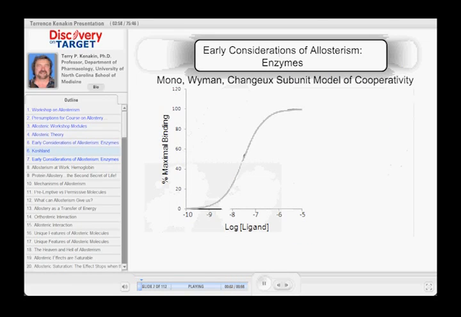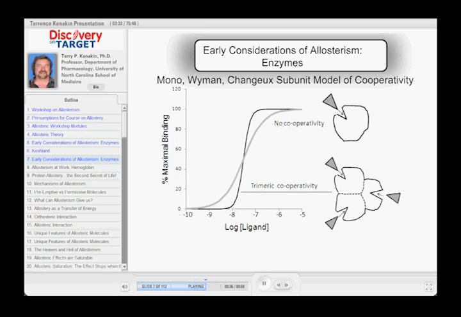What good is allosterism? Well, it gives you different binding curves that makes them steep, and it makes them responsive, different. Here we have a single site binding curve. I just made it up. If that were a trimeric protein where the binding to one unit changed the binding to the other one and so forth, then what you'd get is something like that.